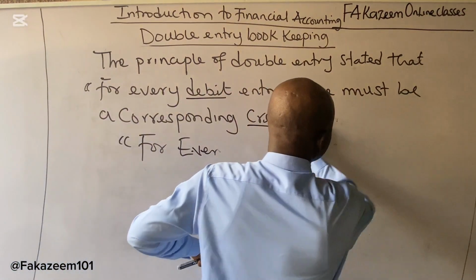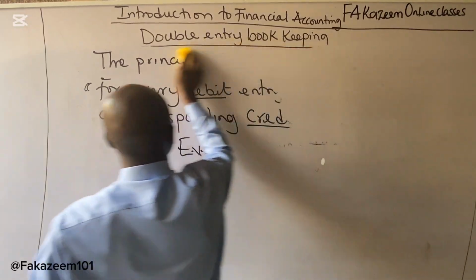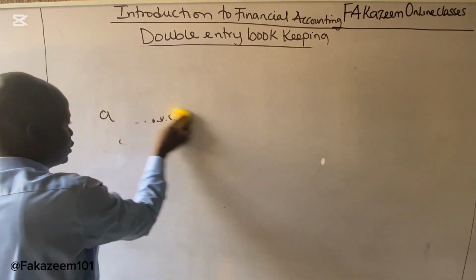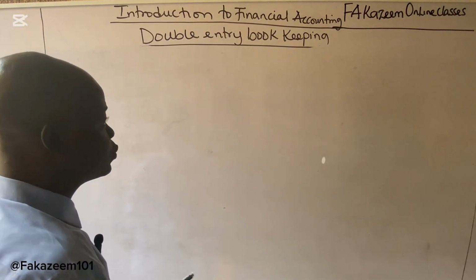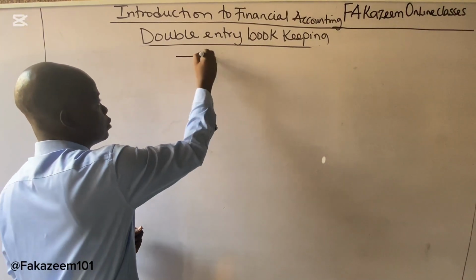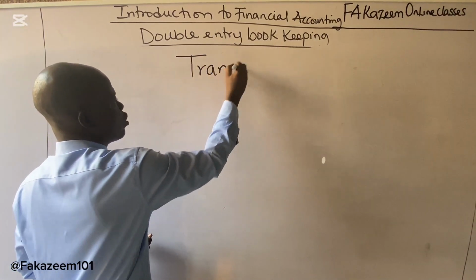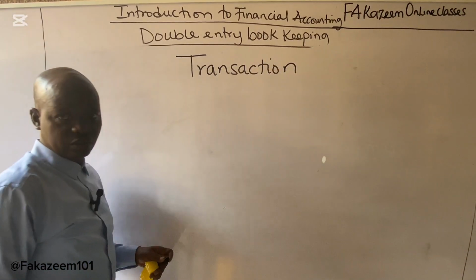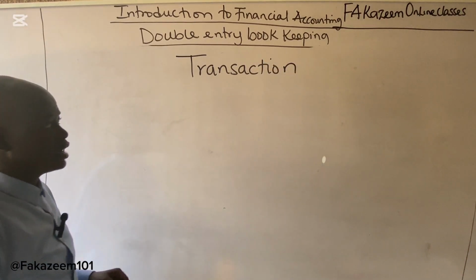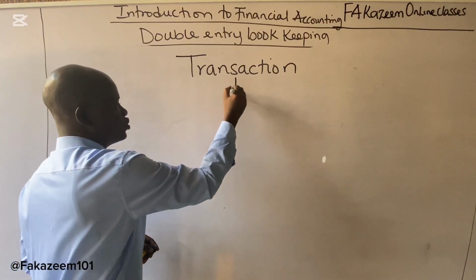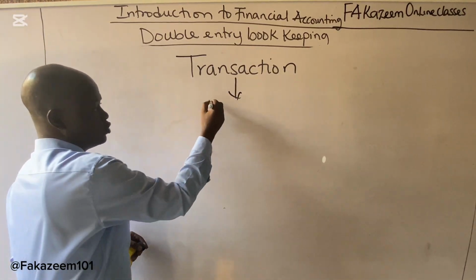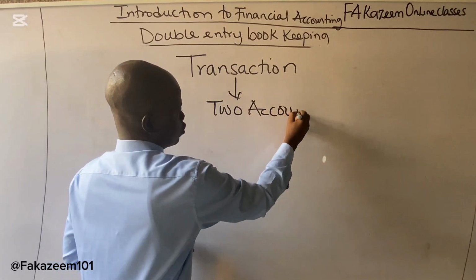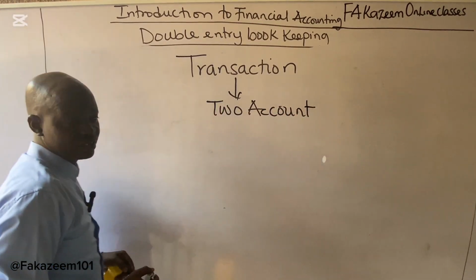Let's put this double entry in a simple diagram for better understanding. We have what we call a transaction. And in every transaction, you have to bring out two accounts.